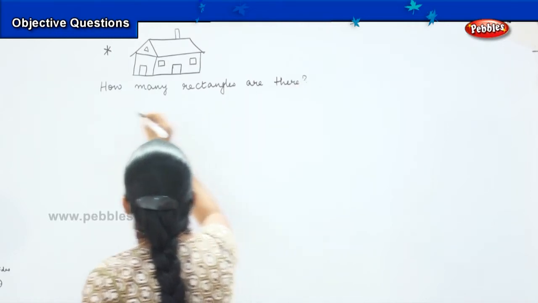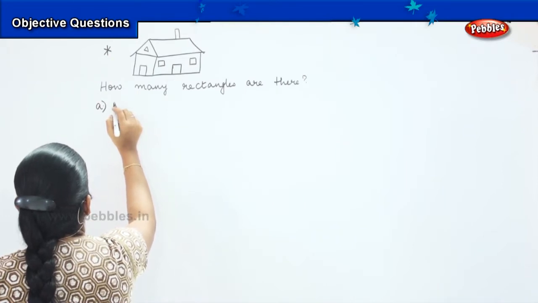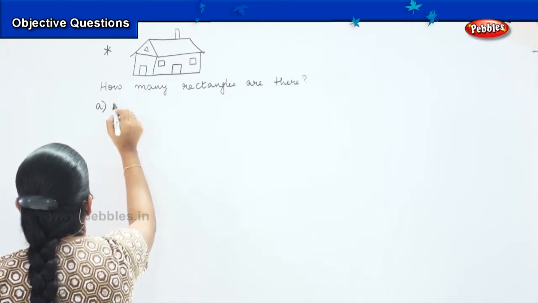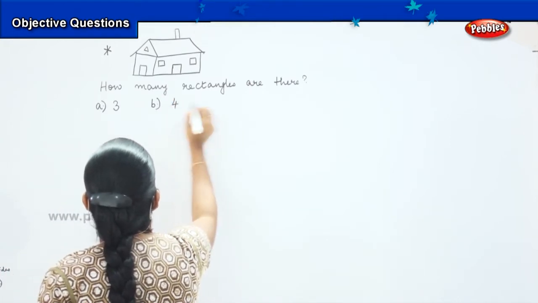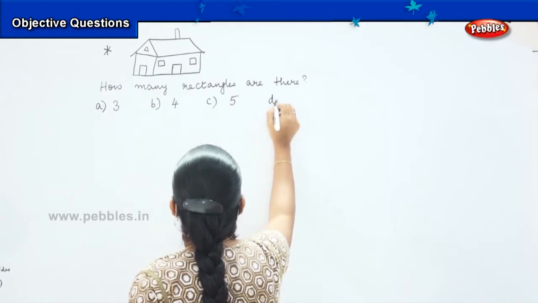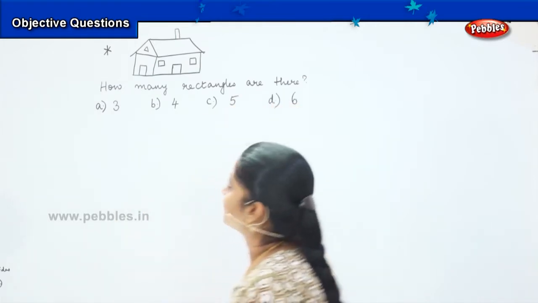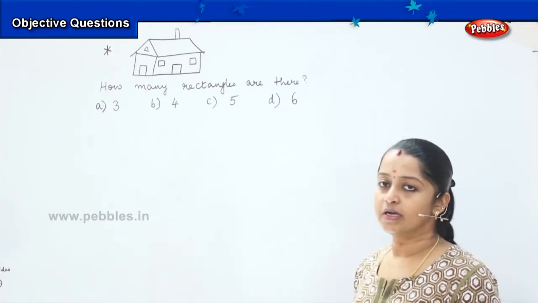And my options are A, 3, B, 4, C, 5 and D, 6. So can we count the number of rectangles in this figure?